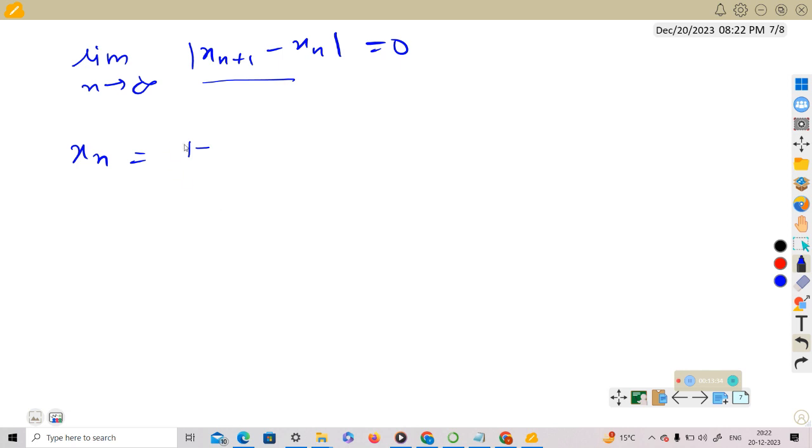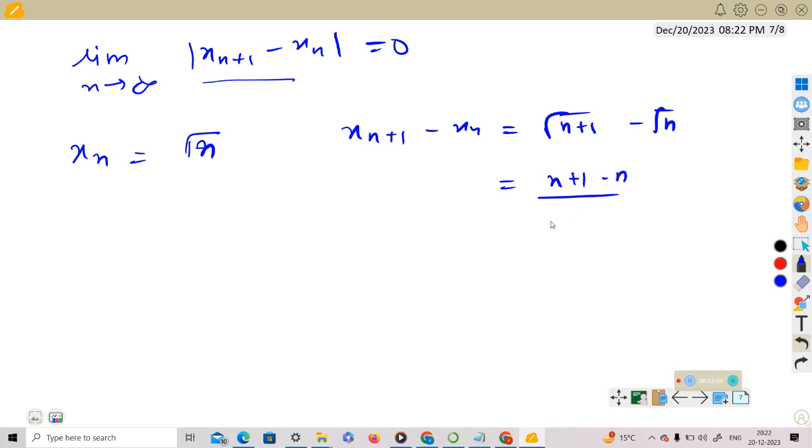Let x_n be root n. Then x_(n+1) minus x_n is equal to root(n+1) minus root n, which is equal to (n+1 minus n) over (root(n+1) plus root n), which is equal to 1 by (root(n+1) plus root n), which tends to 0 as n tends to infinity, because the denominator goes to infinity.